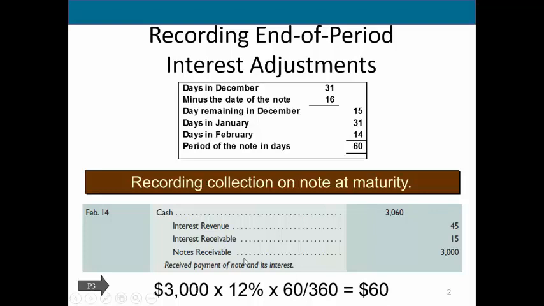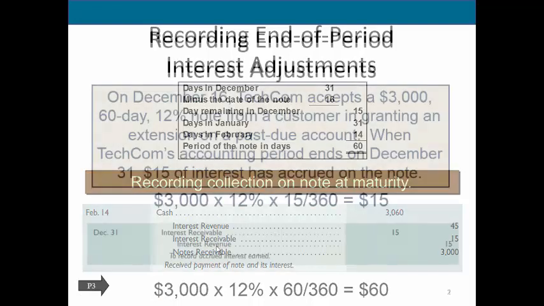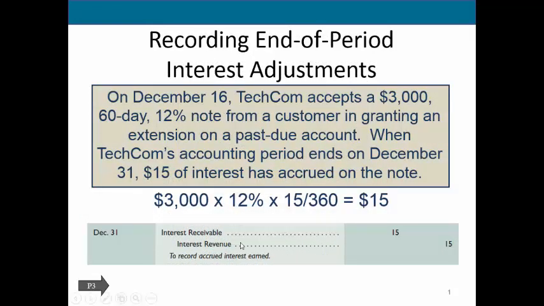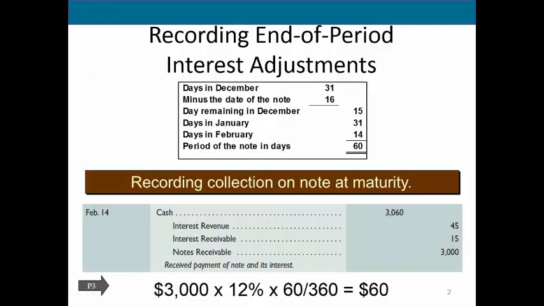However, keep in mind, we have already recorded interest revenue of $15. If we go back, we already recorded the fact that we earned 15 of the 60 days. So we don't want to book that portion of interest revenue again.